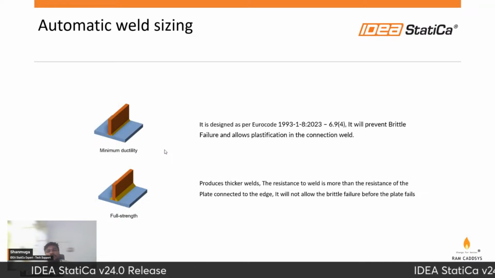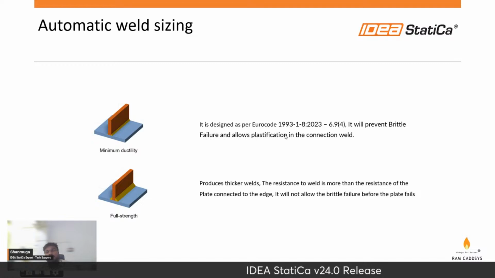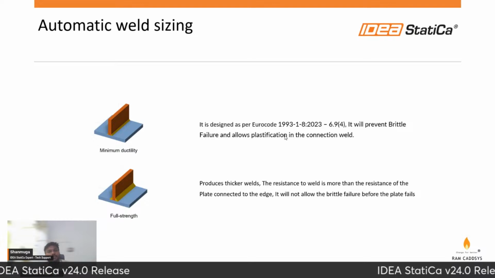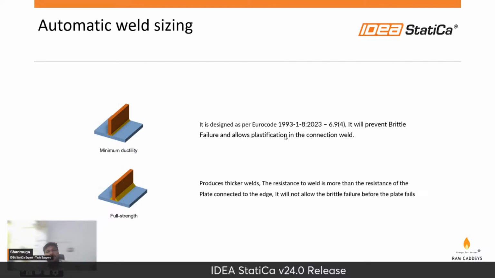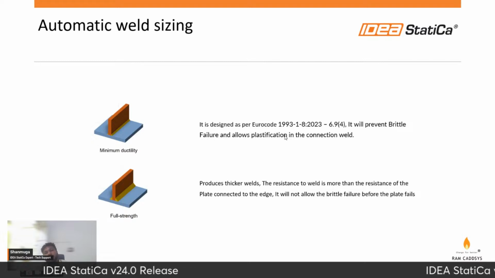This feature is designed as per Eurocode 1993. The clause has been mentioned. So on a single click, this weld sizing is performed in the software in your connection design. It will prevent brittle failure and it will allow the plastification in the connection weld.